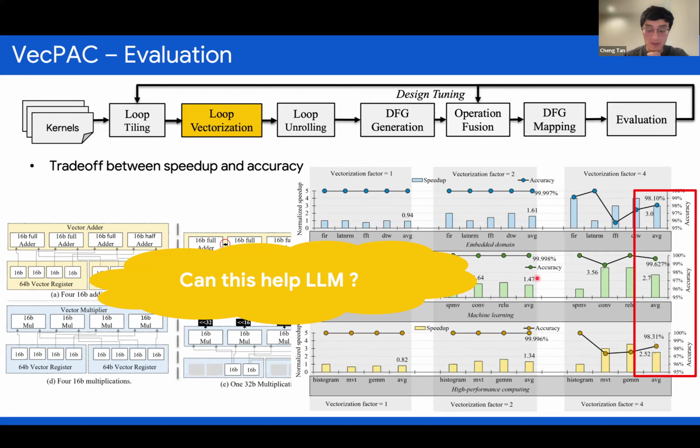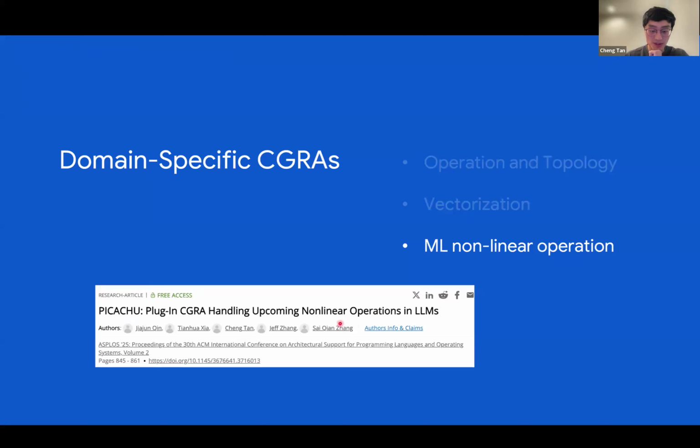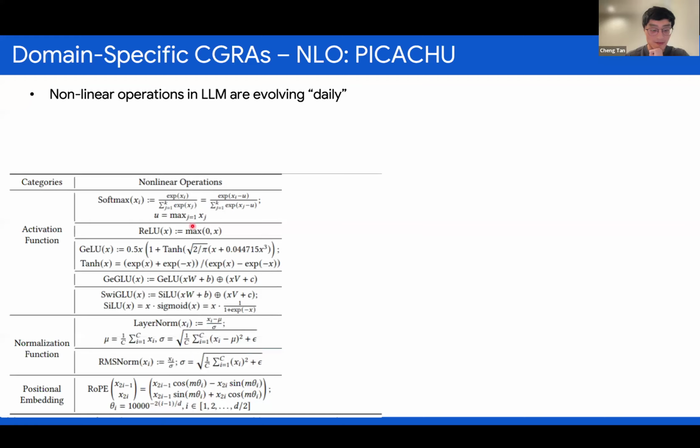But can this help large language models? Recently we have a paper called Pikachu, a plug-in CGRA handling upcoming nonlinear operations in LLMs, in ASPLOS 2025.